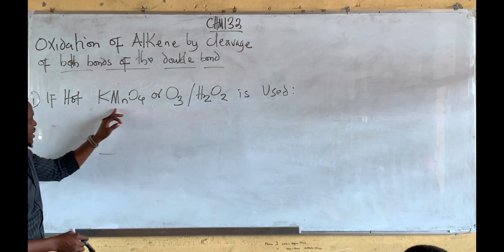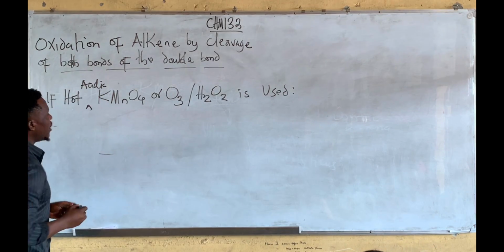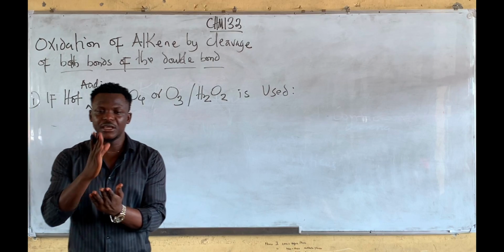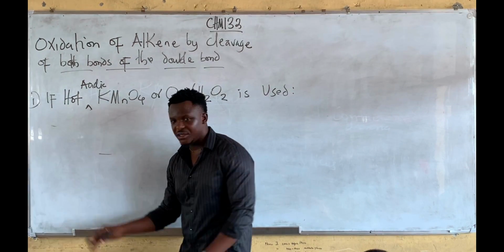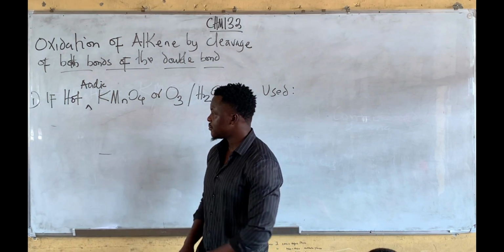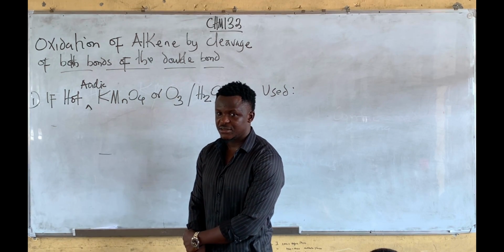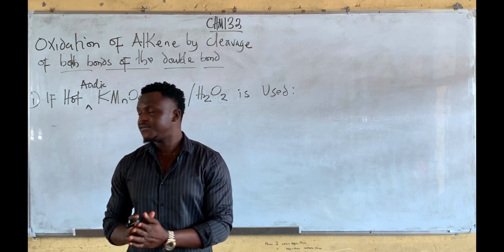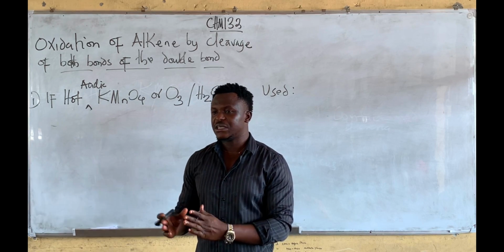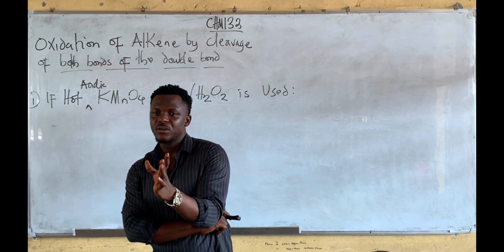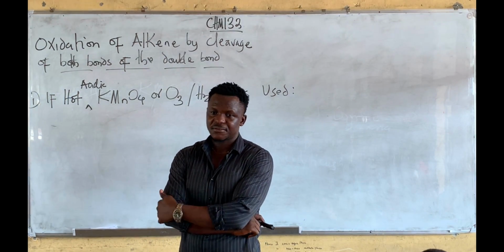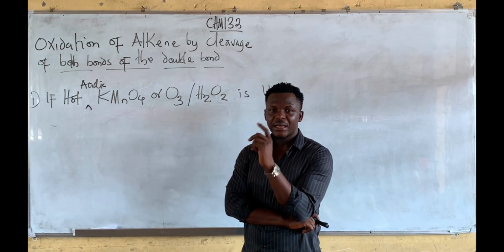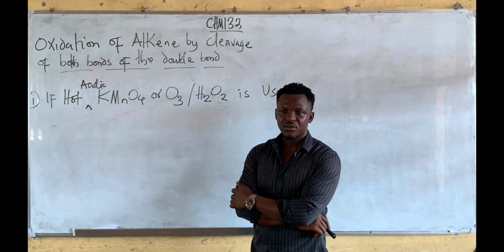So I said, if hot acidic KMnO4 or ozonolysis followed by peroxide is used, please put down: this reagent splits the alkene into two halves, comma, and subsequently converts each half to either a ketone or a carboxylic acid, depending on the number of hydrogens on the carbon of the double bond. Full stop.